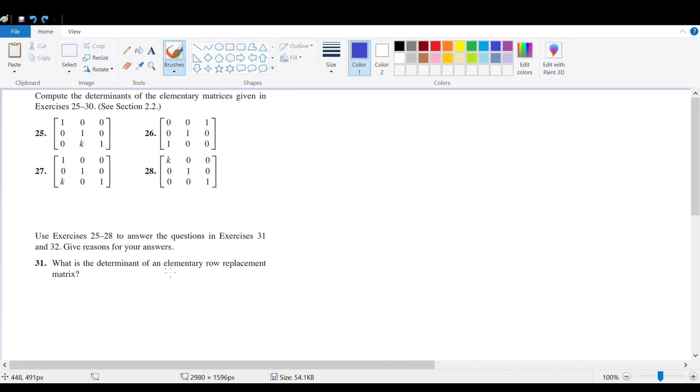So what is the determinant of an elementary row replacement matrix? If the matrix is a triangular matrix, then the determinant is equal to the product of the entries in the main diagonal.